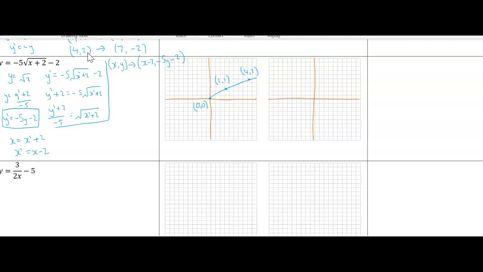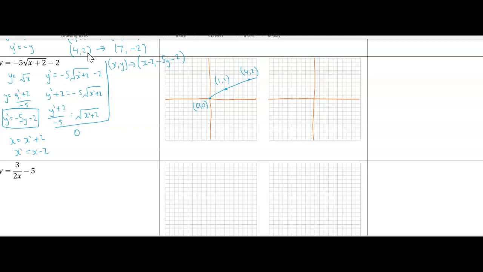So you say, all right, dilation, reflection, translation. So it's been dilated by a factor of 5 from the x-axis, it's been reflected in the x-axis, and we've translated down by 2. So let's just look at what's happened to our point.